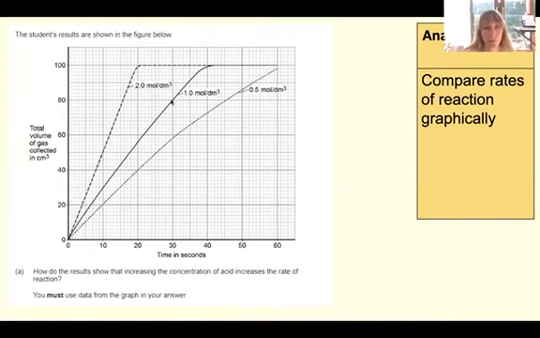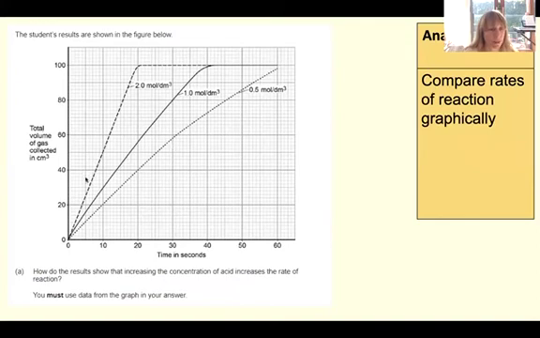Next, we've got the 1 molar, and you can see there is still a fast rate, but it takes 41 seconds to complete its reaction. And the 0.5 molar in 60 seconds has still not finished. We can make a prediction that it will get to about here at the top, which looks like about 62 seconds when that reaction will finish.